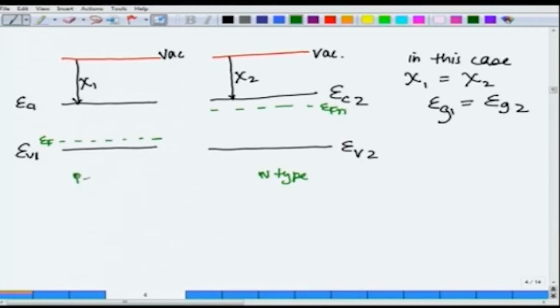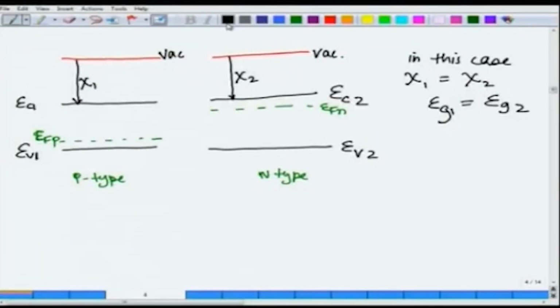This is p type, EFp, Fermi energy on the p type. So, that is what this material is, and we have not joined them. These two materials, n type material and p type material, are lying next to each other, but we have not so far joined them. So, the question is what will happen if you join them.